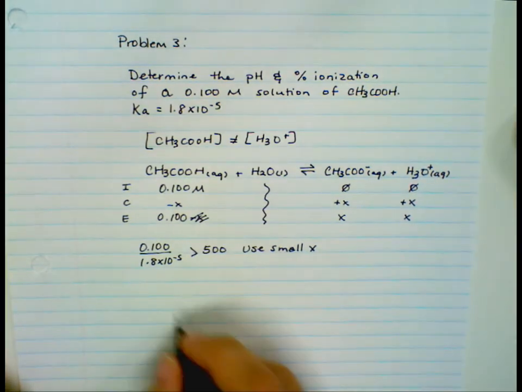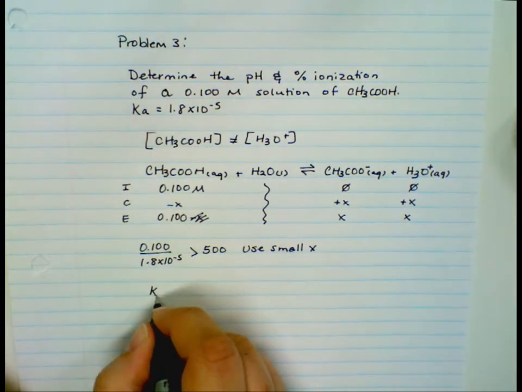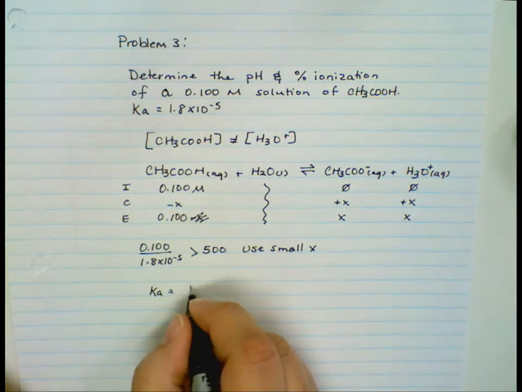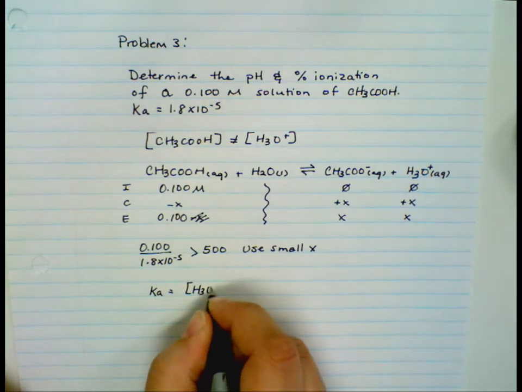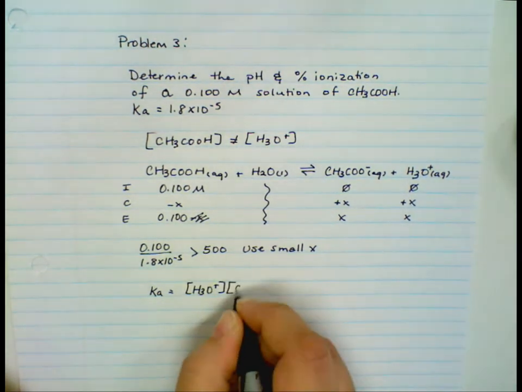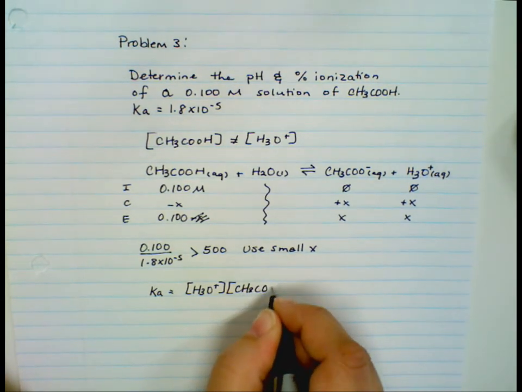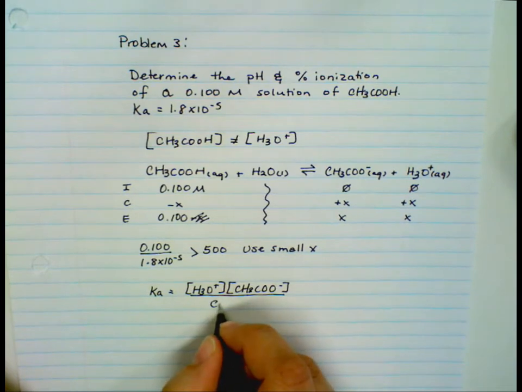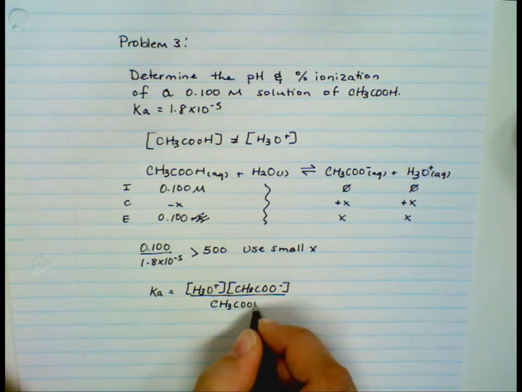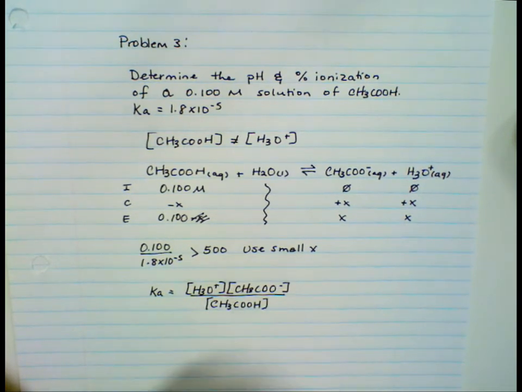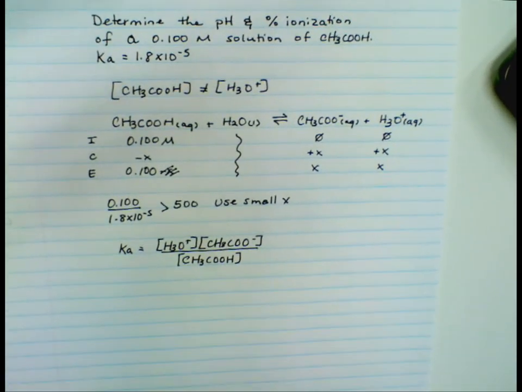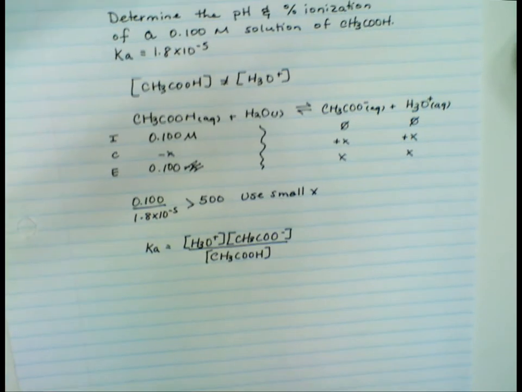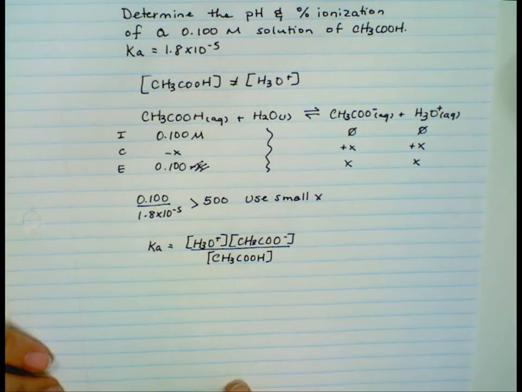So my Ka expression, Ka equals H3O plus times acetate, which is CH3COO minus, all over the acetic acid concentration. Looks like that. Okay, we should always include that in our calculations. So from there, I can just fill in what I know.